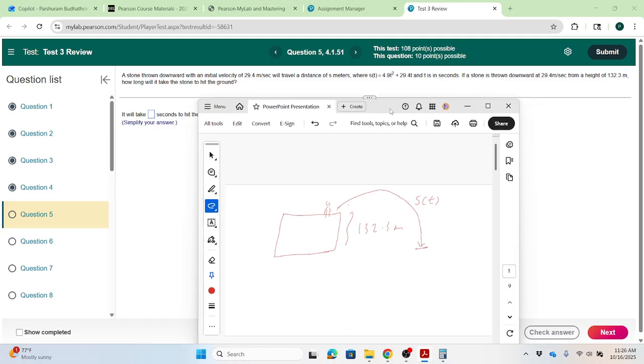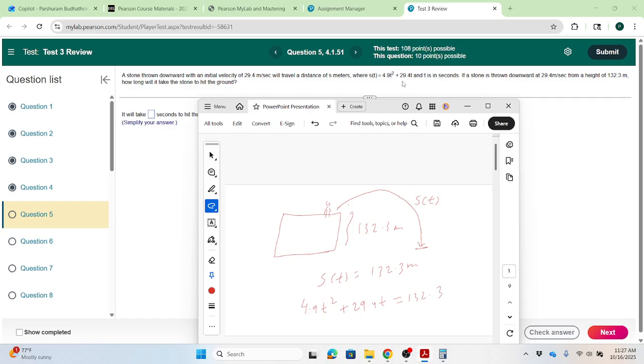So we need to solve when this function s of t is equal to 132.3 meters. So put s of t, which is 4.9 t squared plus 29.4 t, equal 132.3.